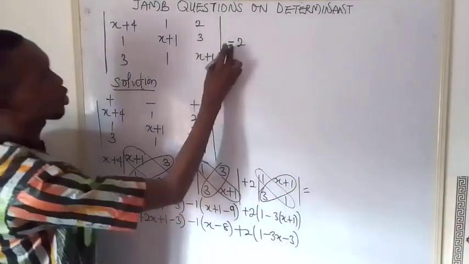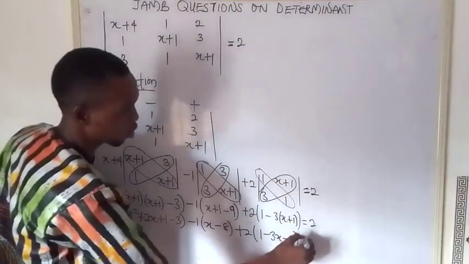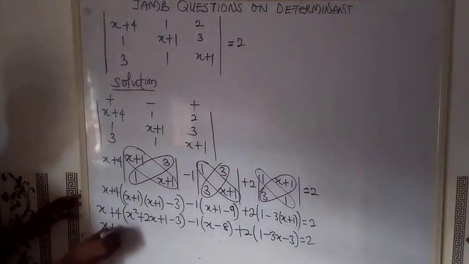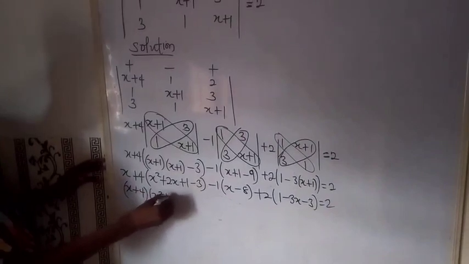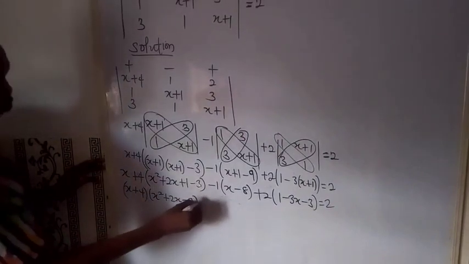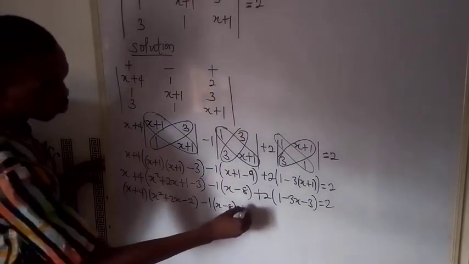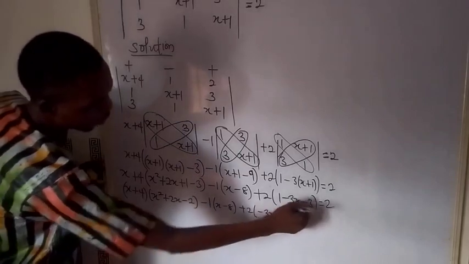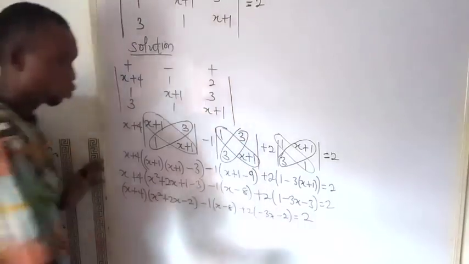Don't forget, the determinant must give us 2, so don't forget to put your 2 here. It equals 2. So we're going to have x plus 4 into x squared plus 2x minus 2, minus 1 into x minus 8, plus 2 into minus 3x, 1 minus 3 minus 2, everything equals 2.